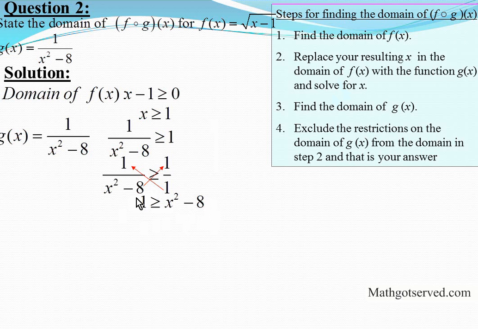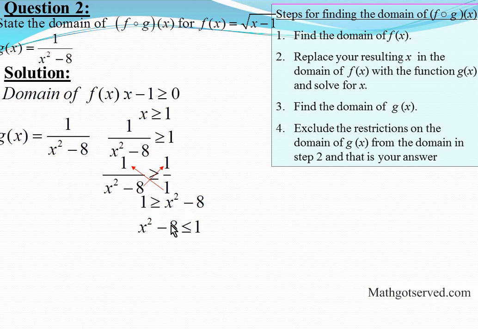X has not been isolated here. To isolate x, we're just going to do 2 more steps, which involves getting rid of negative 8 and then the 2. Let's switch the inequality around. If we just switch the inequality around, we have x squared minus 8 is less than or equal to 1, which is equivalent to this. I just switched both sides.